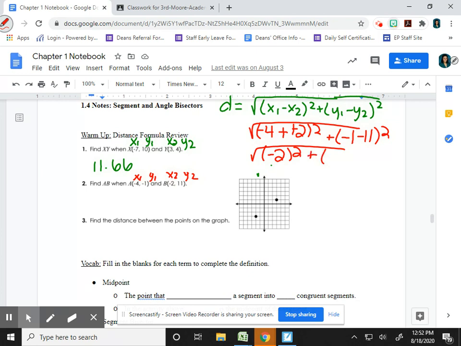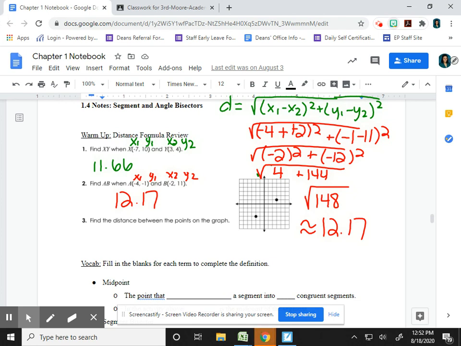This is going to be a -12. Simplify that even more, I get 4 and 144, which is 148. When you put the square root of 148 in your calculator, you're going to get 12.17 as your second one.